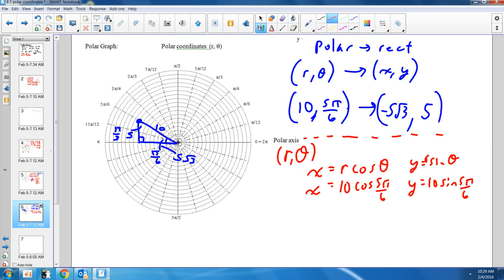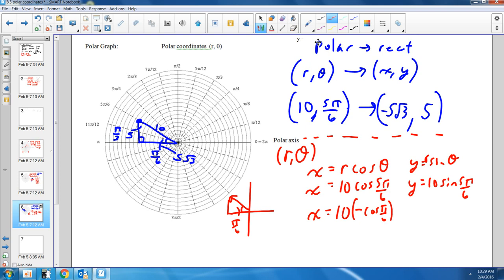And if you evaluated these with reference angles as well, you're going to see that the cosine is going to be, well, let's go ahead and do this. Cosine 5 pi over 6, meaning if I were to draw that, I'm looking at this, and this is going to be pi over 6, so I know that that's going to be negative, so that's negative cosine pi over 6.